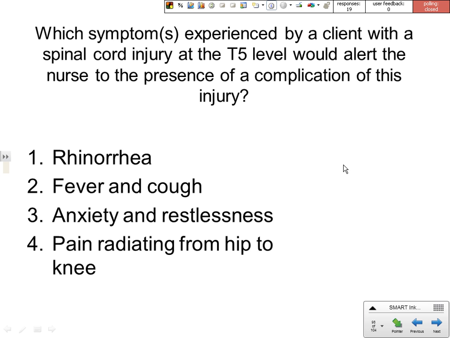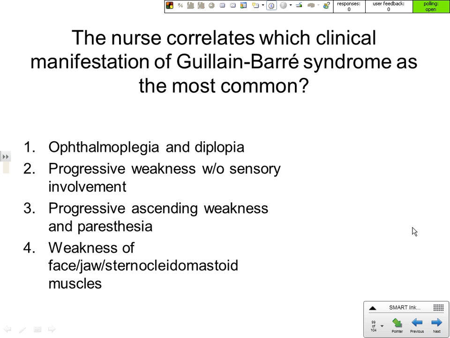So their muscles are weakened, but they're still functional. Unlike a patient with a C-spine injury whose respiratory muscles won't be functional and they're going to need a ventilator. So the anxiety and restlessness will be indications of hypoxia. But this patient is going to be at more risk for developing pneumonia because of his poor respiratory function, hygiene. That's why that's not on the test.